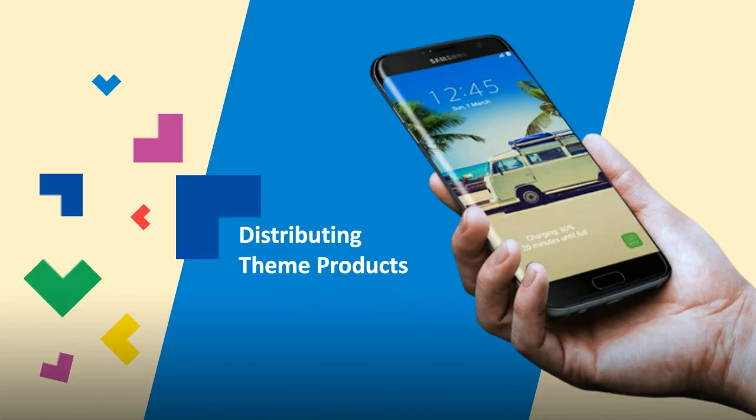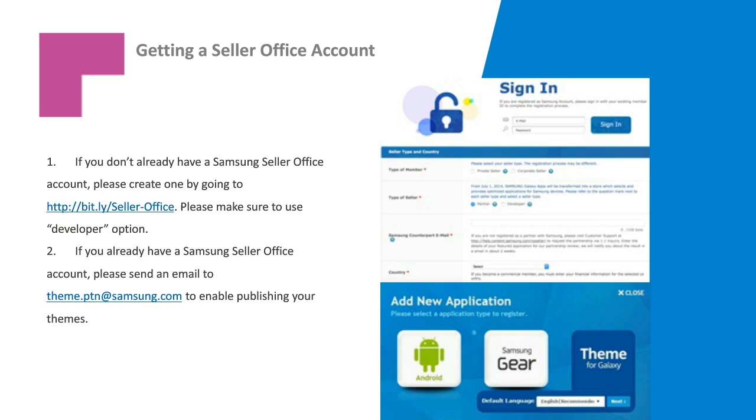So, distributing the theme products. You need to have a seller office account for that. If you don't have one, you can go with the first option and create a seller office account for yourself. Once you have the seller office account, you'll come to the second screen where you are seeing the theme for Galaxy option. There are three things that you can publish: either Android, Samsung Gear, or themes for Galaxy.